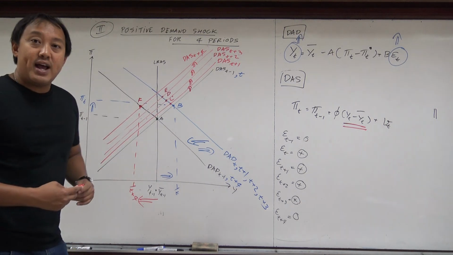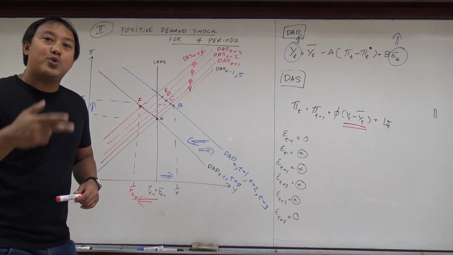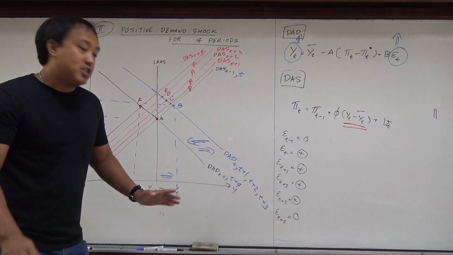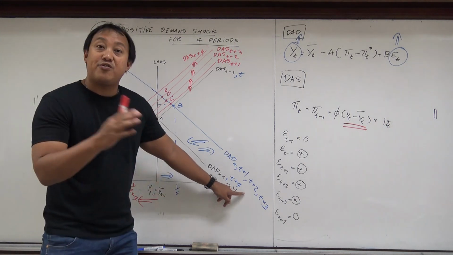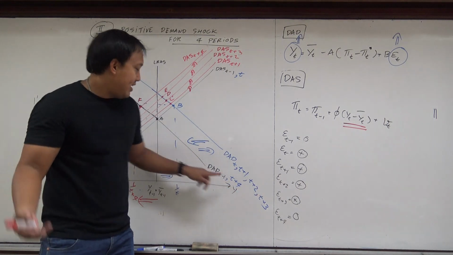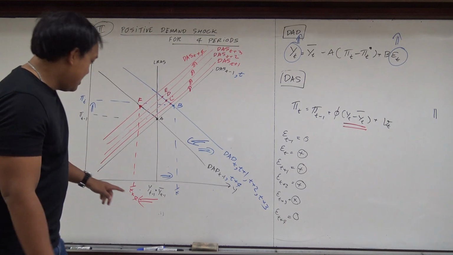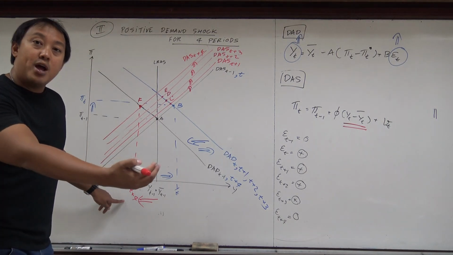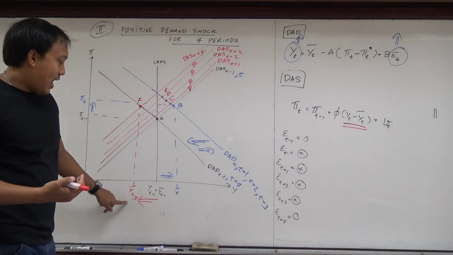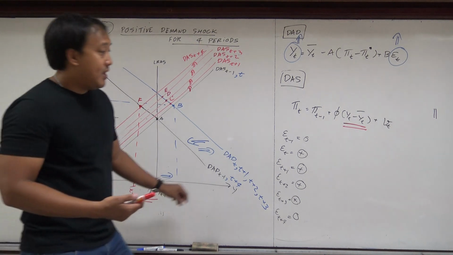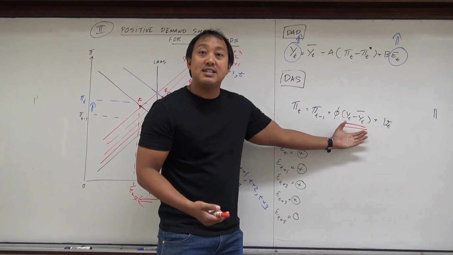How about the next period? T plus 5, T plus 6, T plus 7, T plus 8. The long holiday is over. DAD is going to be here forever, the old curve on the left. How about DAS? Since the equilibrium point moved back to the left, going to point F, as you can see, at point F, Y is less than Y bar. This bracket, Y less than Y bar, is negative.